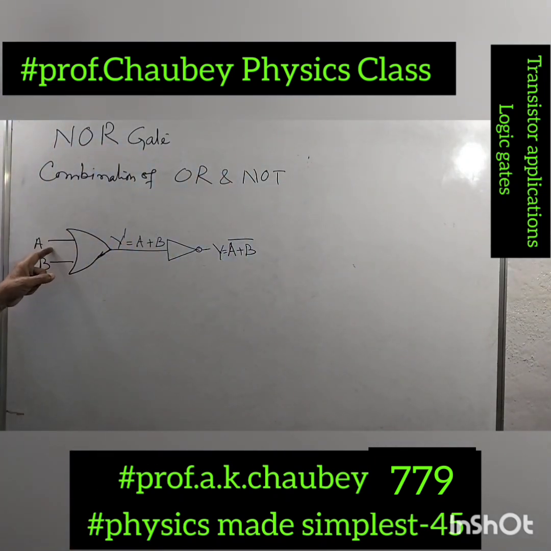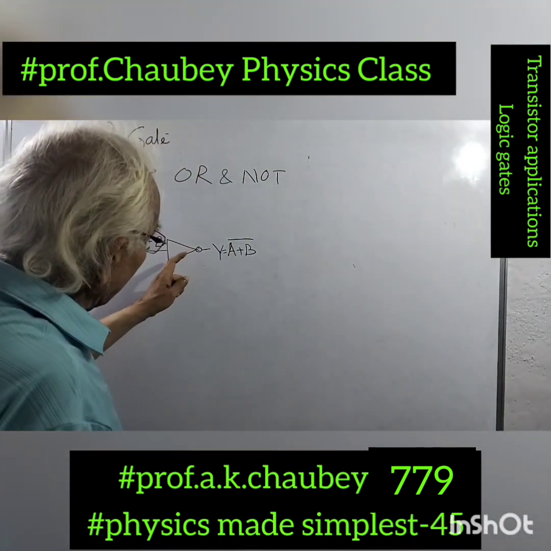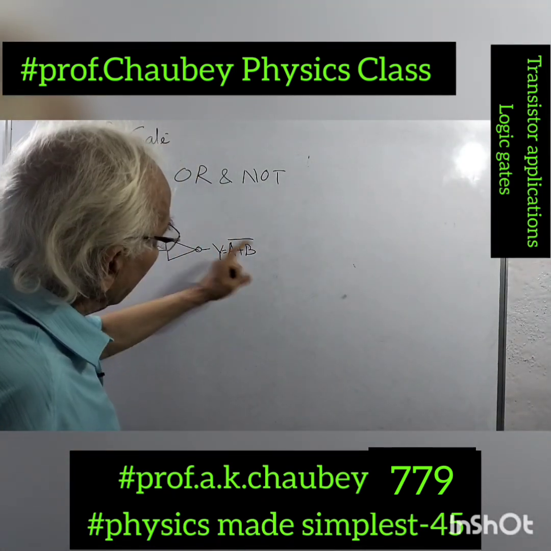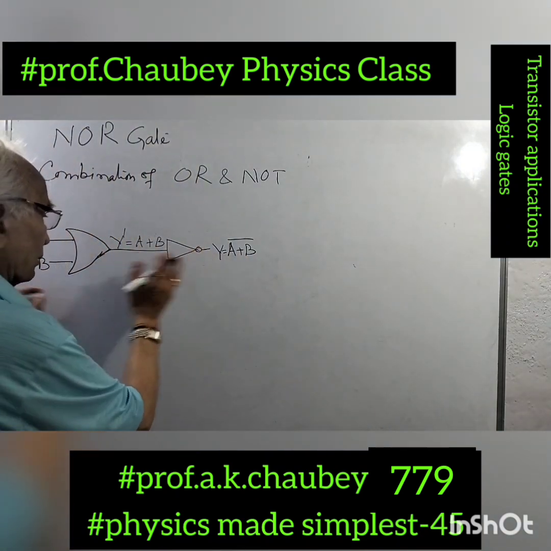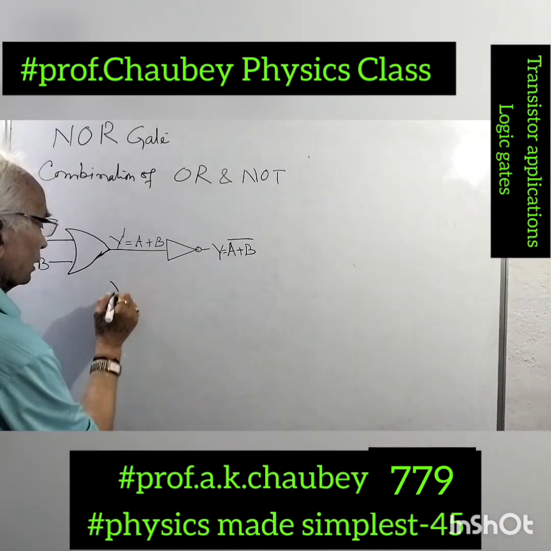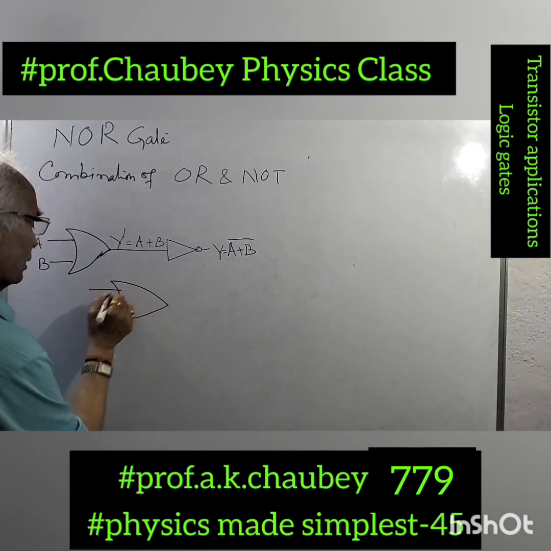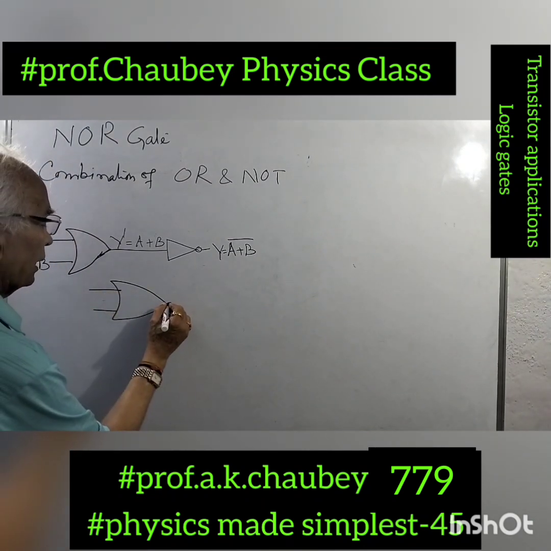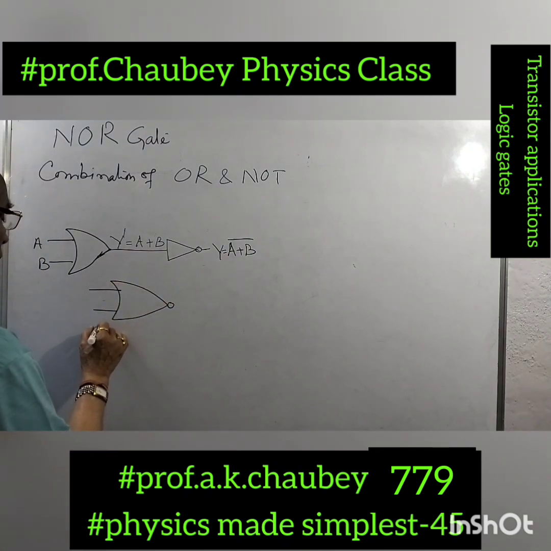This means if A or B or both are present, we get A plus B as output. That is the logic. And the invert of this will be A plus B inverse. So you can represent both combined together. You can represent a NOR gate simply by a symbol like this.